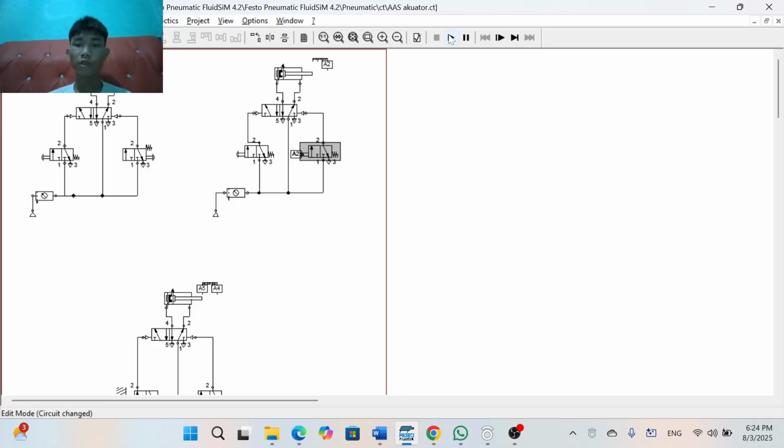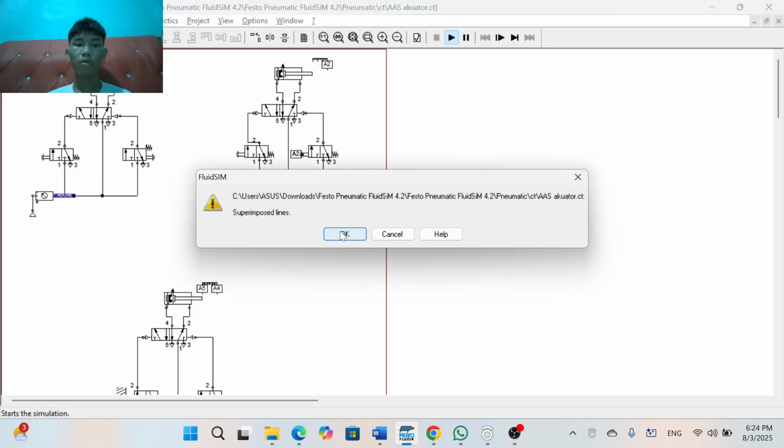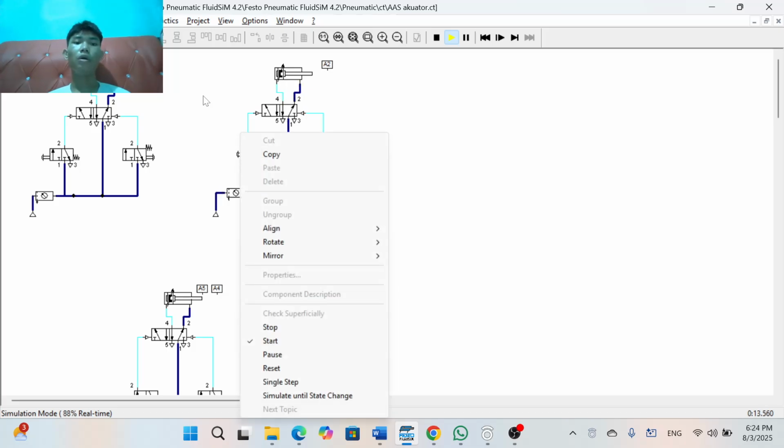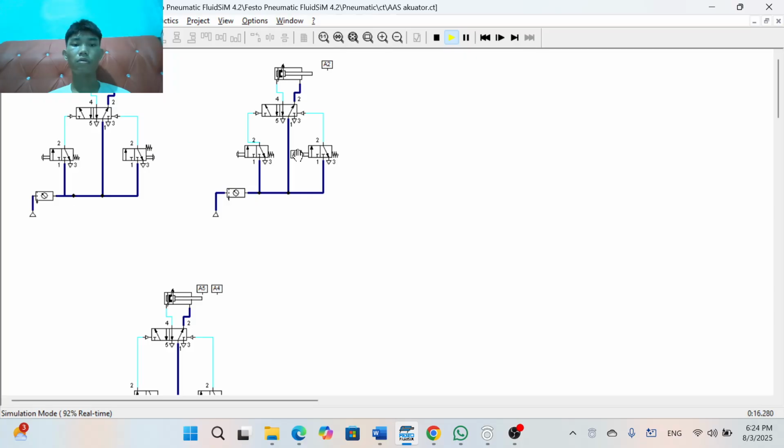So when the limit switch is hit, sorry, I want to pause it. Okay, when the limit switch gets hit by the cylinder, the air will be transmitted just like in the manual system, forwarded to valve 5 per 2.